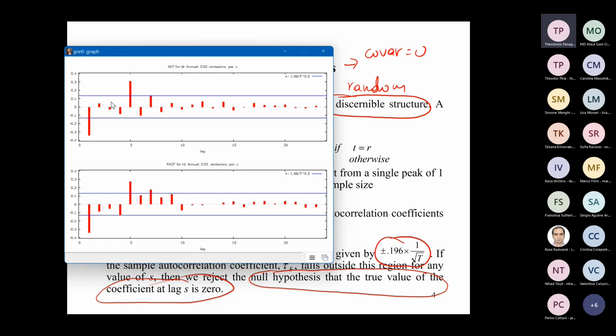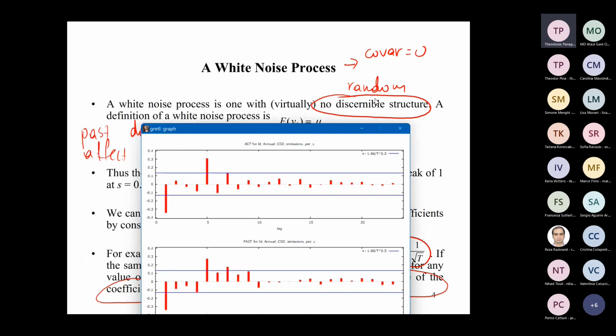Why? Because inside this interval, you get autocorrelation coefficients that are similar to a white noise process. What is a white noise process? A variable with no structure, a process that is random.